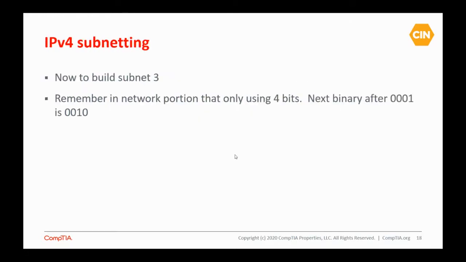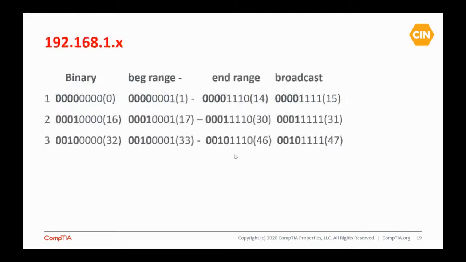Now the next one, we'll build the third subnet. And remember that the network portion is using the 4 bits. So we've used 4 zeros, then we did 0001. If we add 1 to that, it would become 0010, because a 1 in the 2s column is equivalent to a 2. Although when we look at the whole address, we're really not counting only the first 4 bits. We build the whole line out exactly the same way we did before.